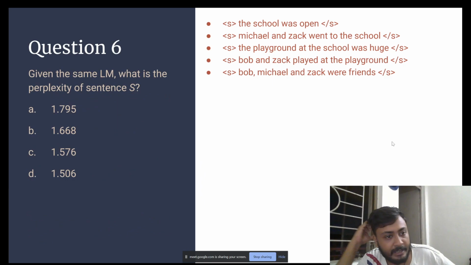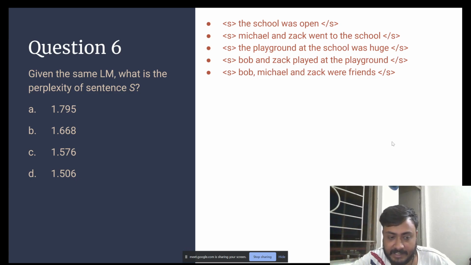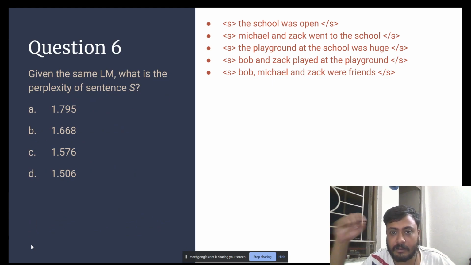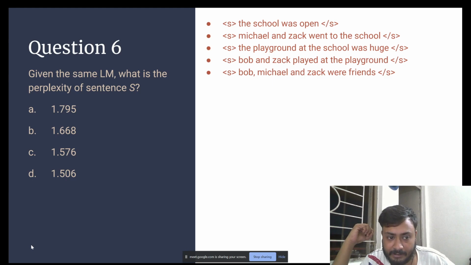Next question. Given the same language model, what is the perplexity of sentence S? Sentence S is this sentence: Michael and Zach played at the playground. So you need to calculate the perplexity of this sentence. If you know how to do it, I'll wait a little bit.